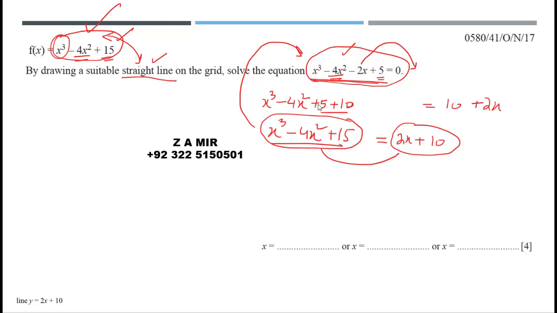So the straight line is this one, y is equal to 2x plus 10. And then we have to draw this straight line on this graph, and we will see where this straight line and this graph cut each other. The x coordinate will be the solution, and this straight line will cut this graph on 3 different points. So we will have 3 solutions. You can check it yourself.